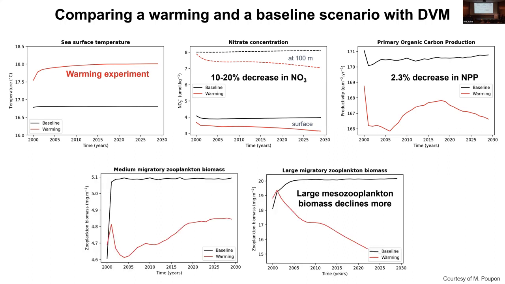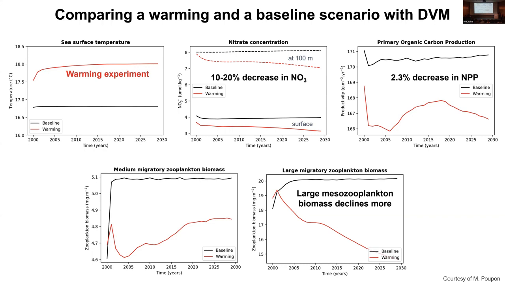Because of the decrease in NPP, we then saw a decrease in the migratory zooplankton biomass at the medium size range, as well as the large size range. But we saw that the large mesozooplankton biomass declined much more. I'd just like to note that these y-axis bars are quite different.